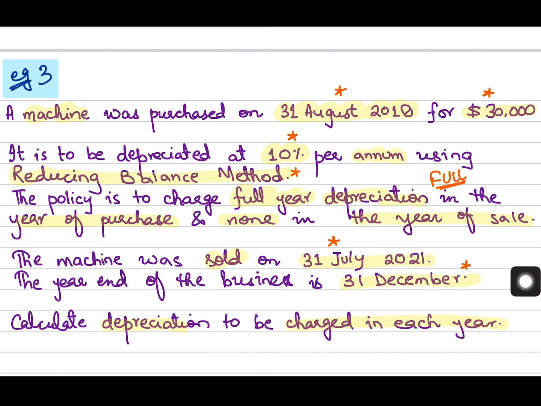So, we have the cost, the dates, the rate, the method, the policy, everything. Now, be very careful that the method is reducing balance method, and we know that depreciation under the reducing balance method is charged on the net book value of the non-current asset and not on the cost. Just in the first year we will be using the cost, but not from year 2 and onwards.